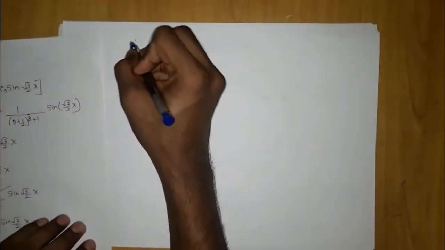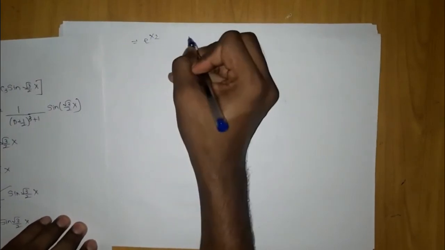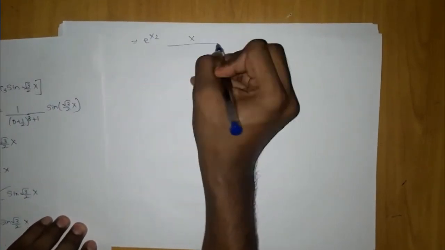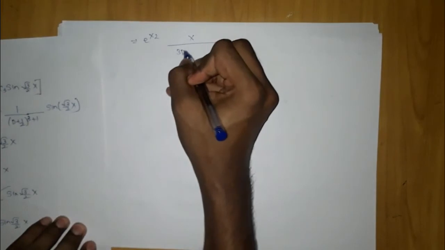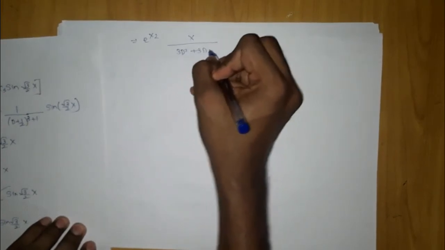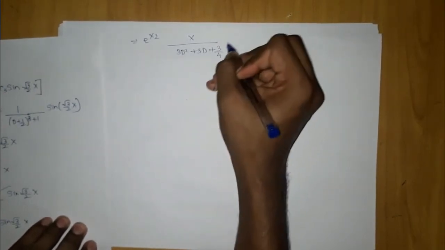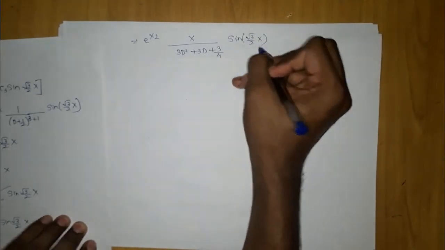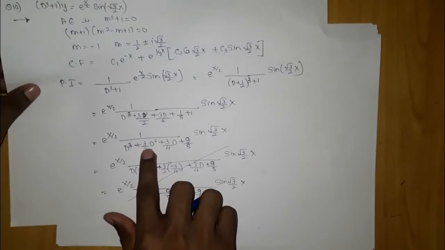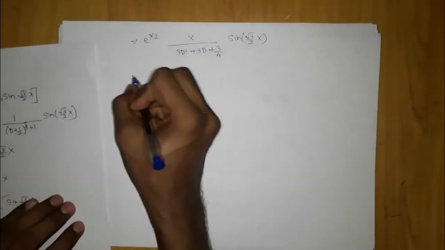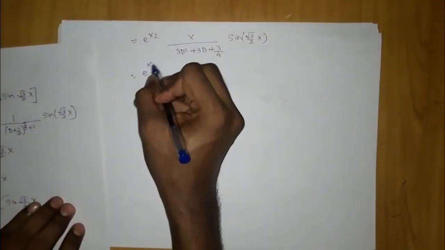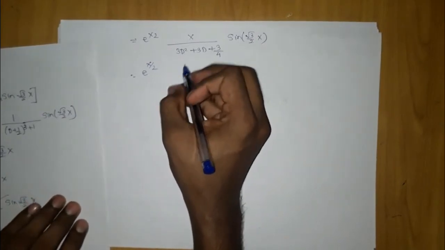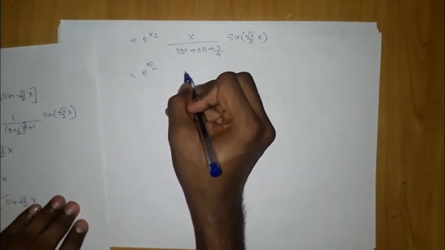So we got that we are getting 0, so we are going to differentiate and multiply at the top by x. If we do that, (3D square plus 3D plus 3 by 4) into sin root 3 by 2 x. If you differentiate this one, you will get this thing. After this, e to the power x by 2. Here we are going to replace D square by minus 3 by 4.